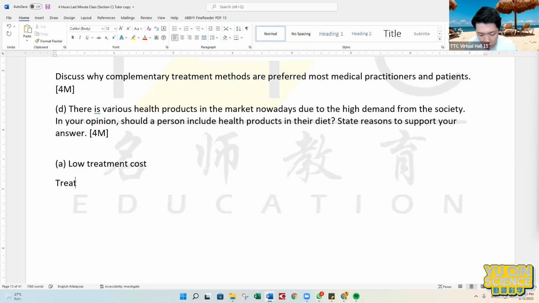Treatment using natural ingredients from plants and animals. Okay, practitioner has informal training. Just one row, no need to stick together, no need, just like that.